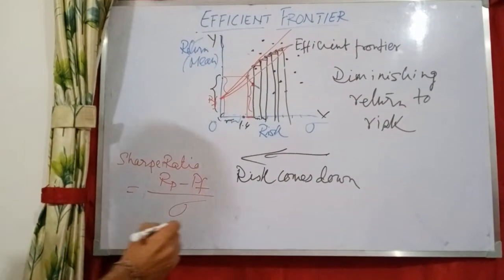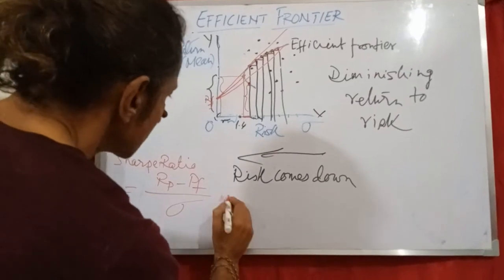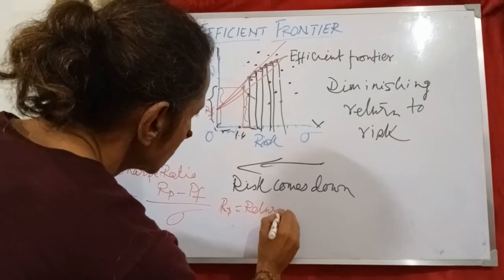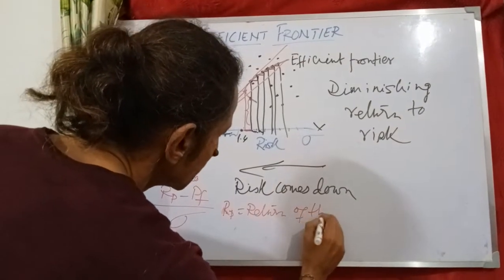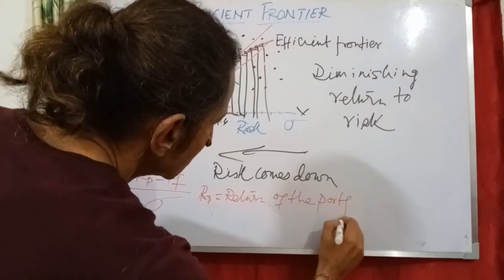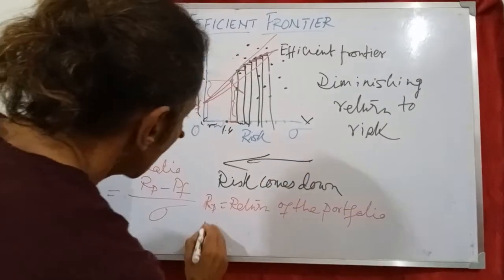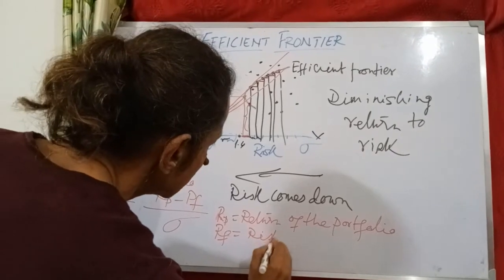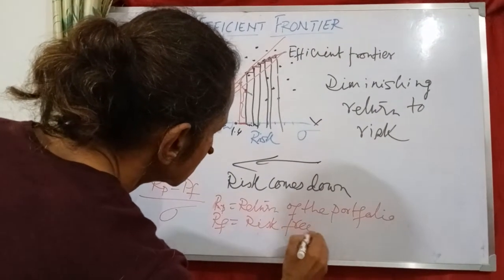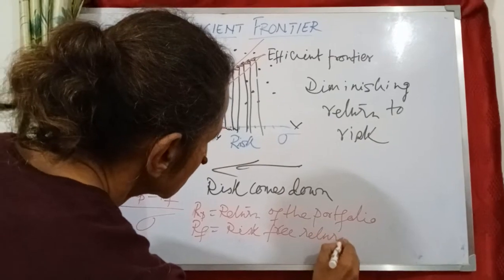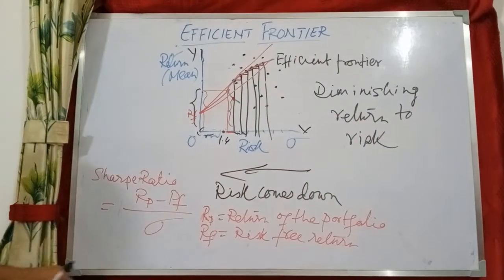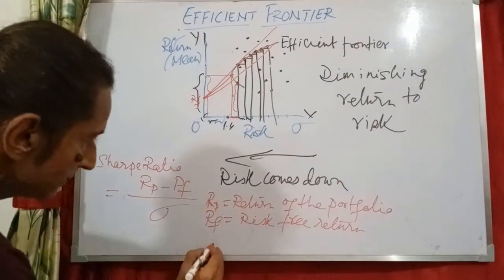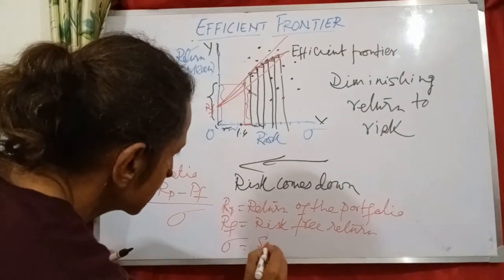RP is return of the portfolio, RF is risk-free return, and this is standard deviation.